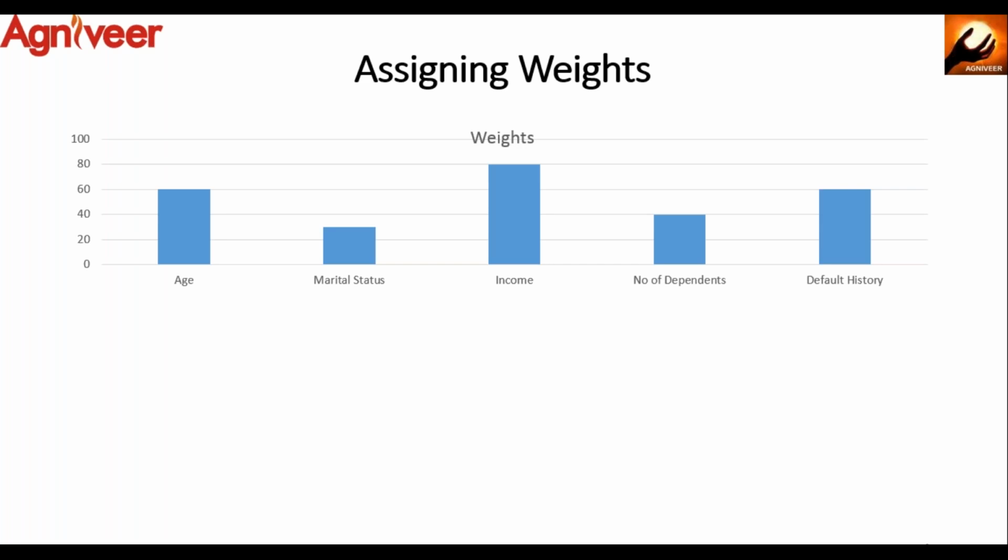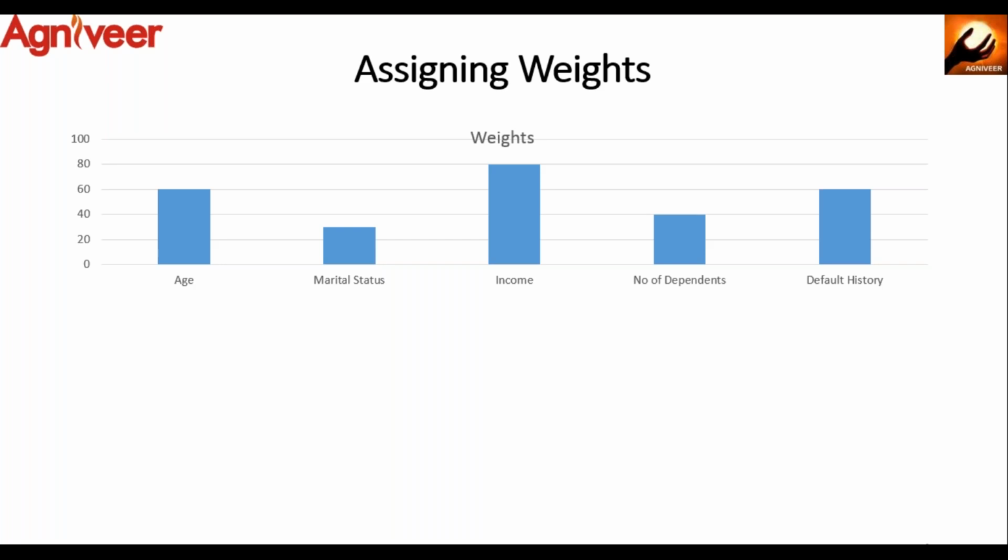So let's say I have these predictors, and on the basis of evidence that I have got from the initial data exploration, income is more significant. It makes more contribution towards determining the probability of default or not.